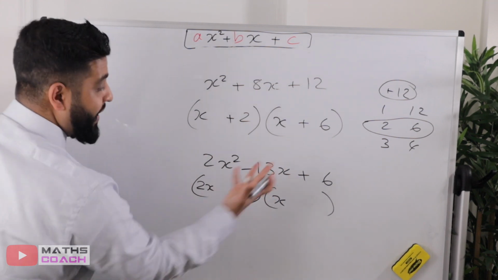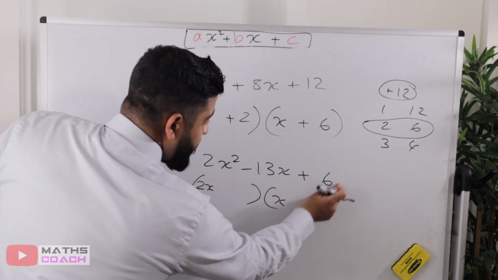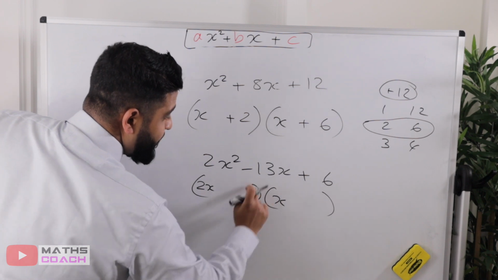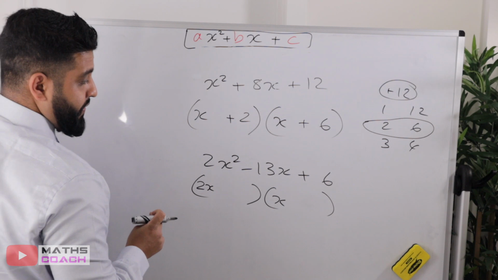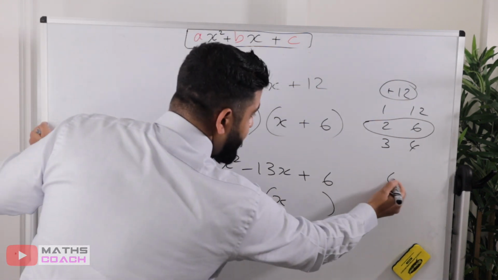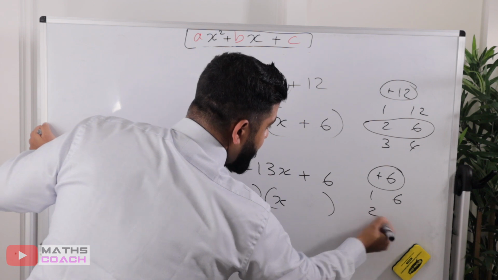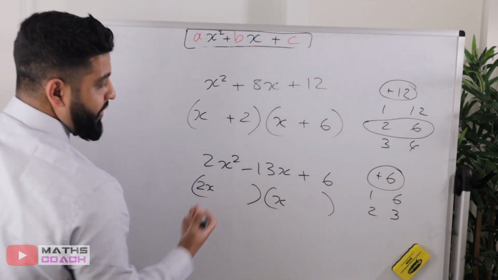If you put a 2x in both, you'll end up with 4x squared. Now you want to look at the 6. These two numbers, whatever they are, have to multiply to give you 6 and add to give you minus 13. If you look here, you've got 1 and 6, and 2 and 3. These are the factors, and none of them actually add to give you 13.